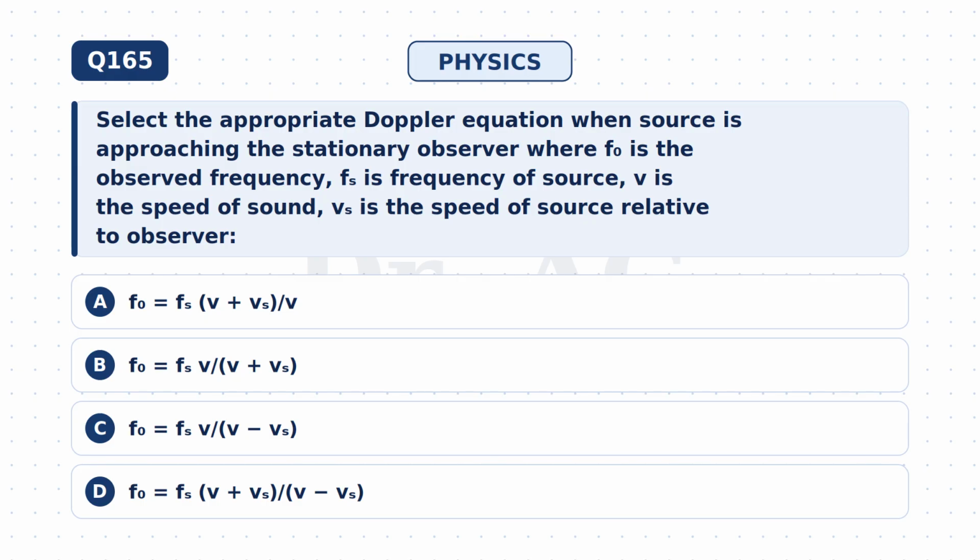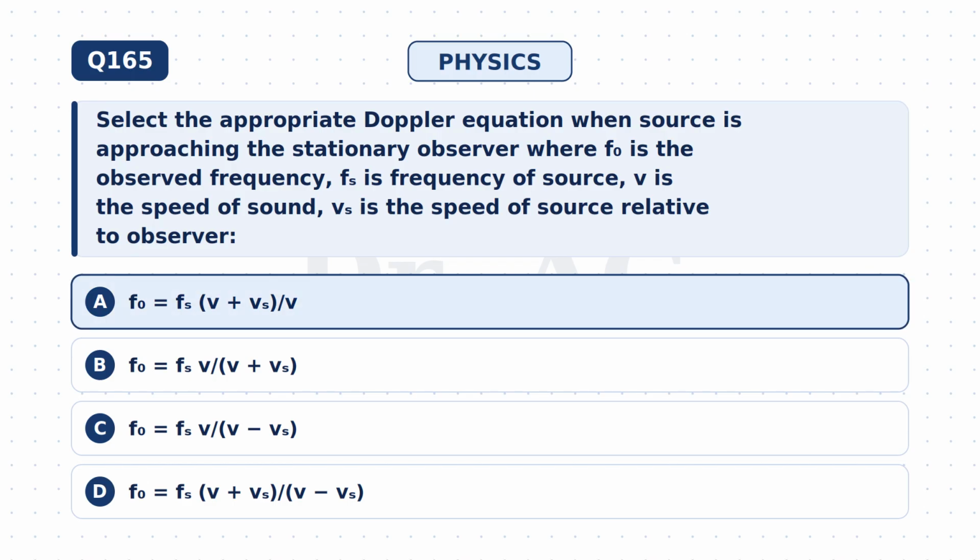Question 165. Select the appropriate Doppler equation when source is approaching the stationary observer where f0 is the observed frequency, f is frequency of source, v is the speed of sound, vs is the speed of source relative to observer. Option A, f0 equals f(v plus vs) over v.